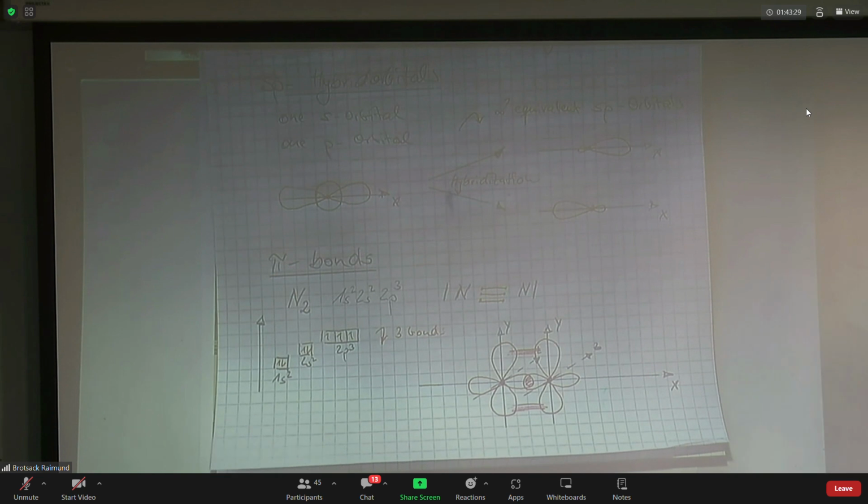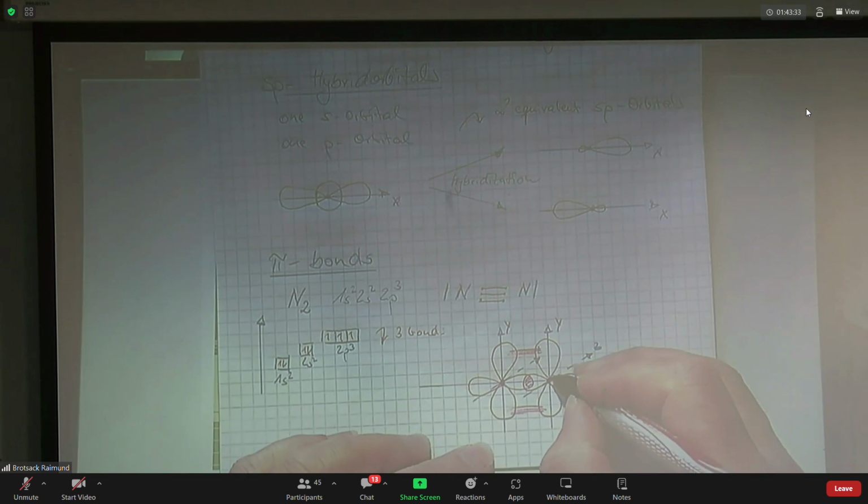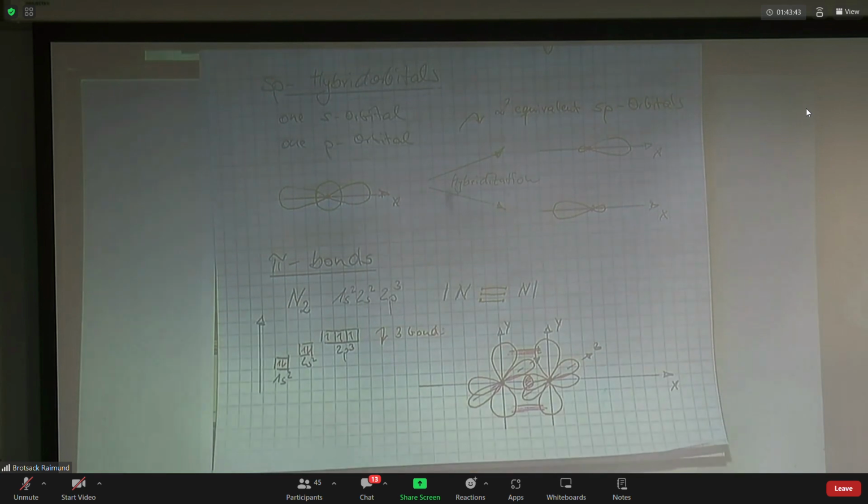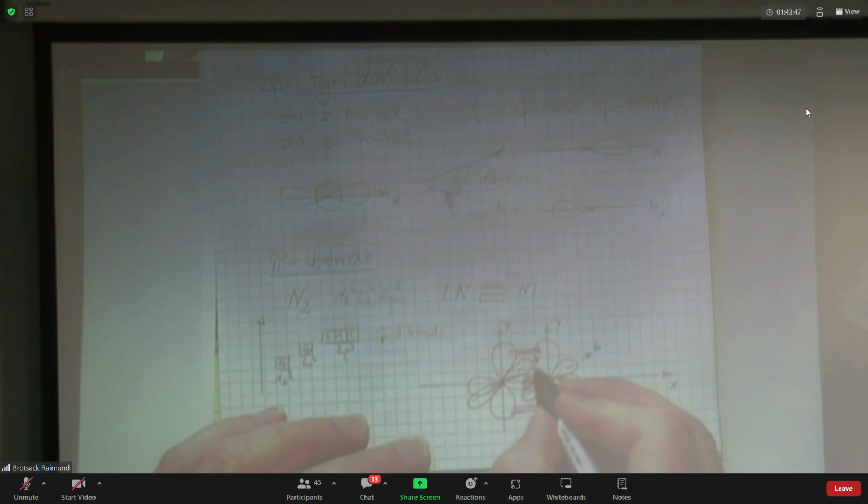Last but not least, we have the third one, which is the pz, in the z direction. It looks confusing at the end, but when we try to imagine it, the pz is the same as py.